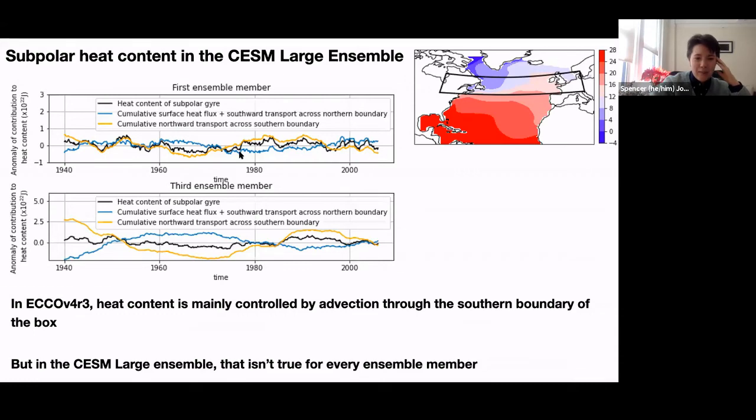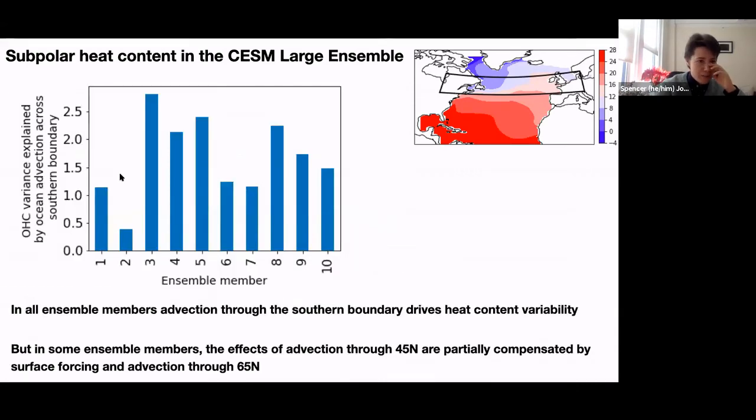If you look at every ensemble member, that's what I'm showing here. These are 10 ensemble members that I picked. I looked at ocean heat content variance, and how much of it was explained by advection through the southern boundary. In the case where it's 1, all of the heat content variance is explained by heat transport through the southern boundary.